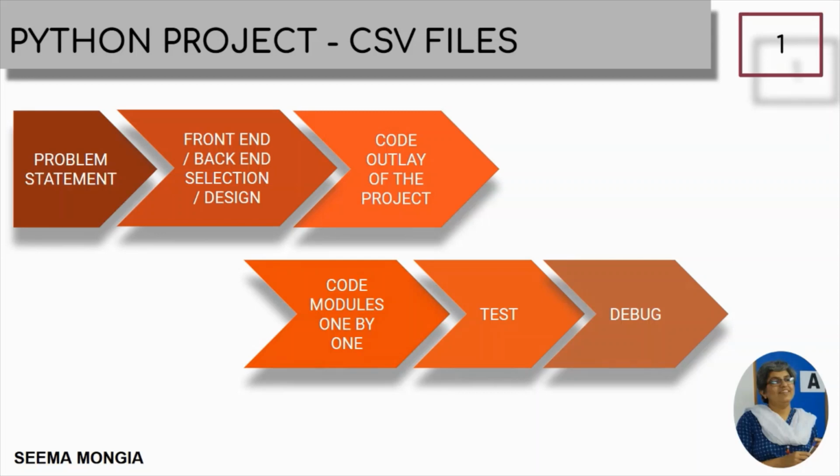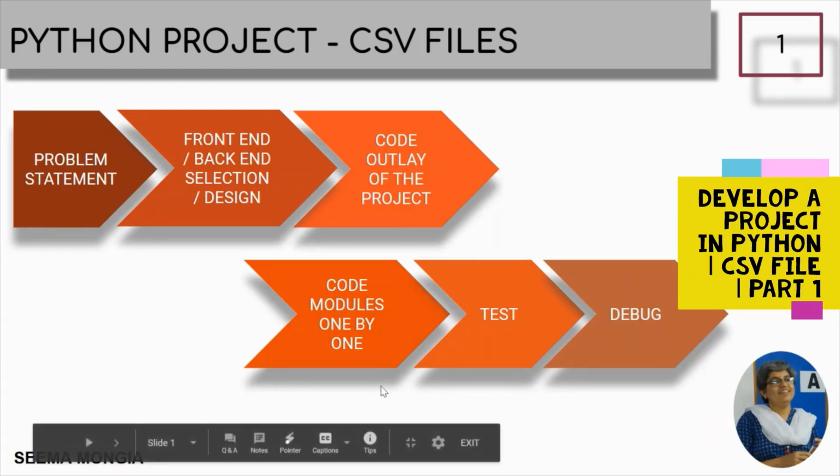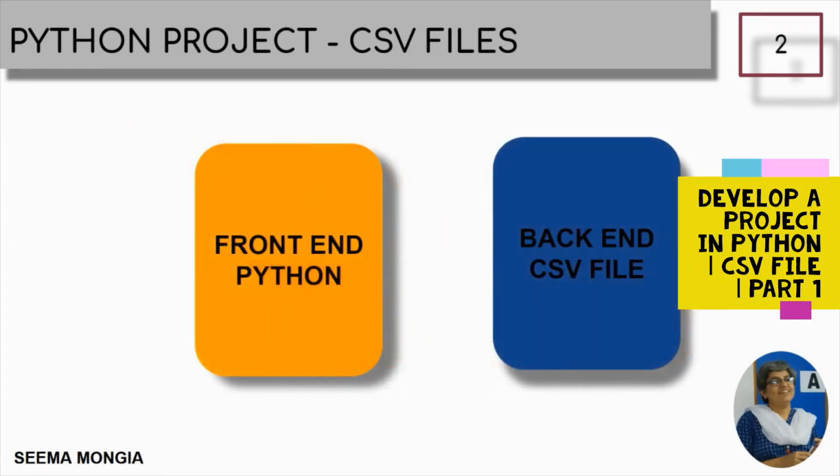In the first part we also discussed the layout of the project, how the frame of the project should be decided, and what basic modules should be added into the project. In my second video, we discussed which modules are to be decided, and we discussed two modules also.